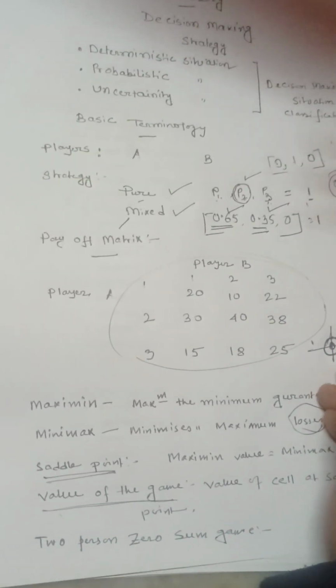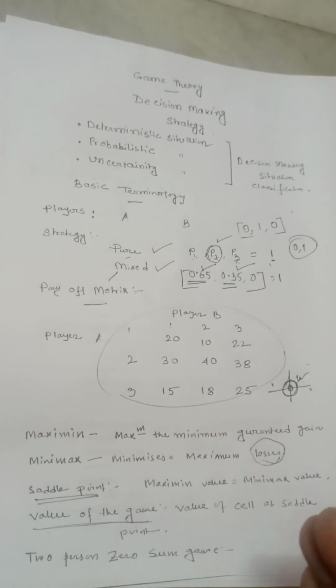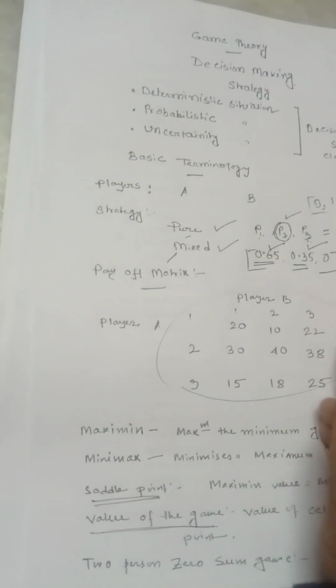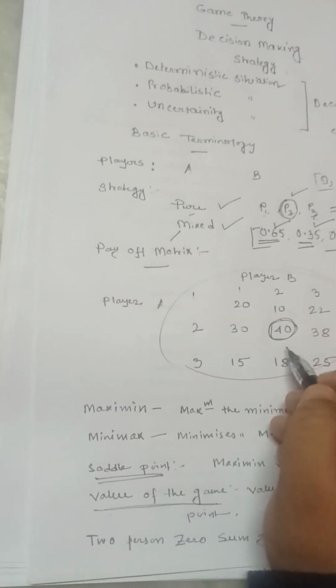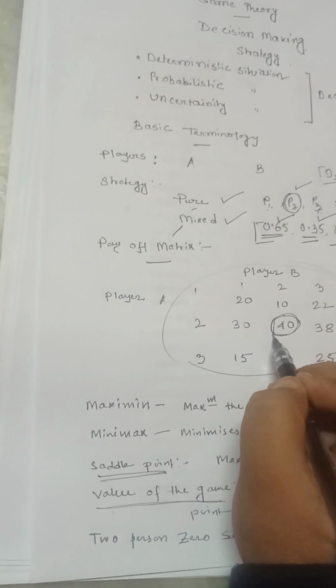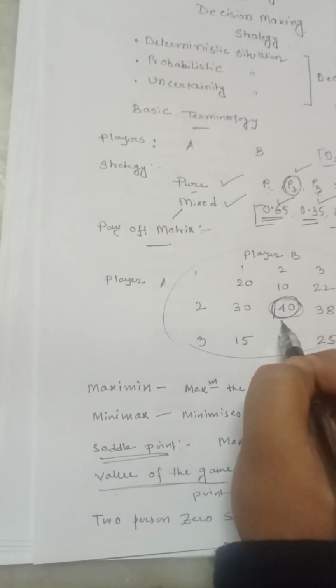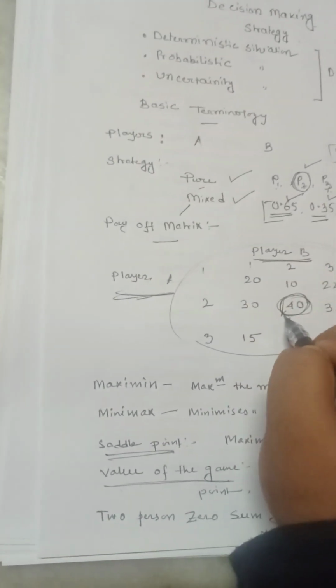That means this value. In a two person zero sum game, suppose player A and player B choose something. Suppose in this payoff matrix, if 40 is chosen by both of them, the value of the game will be 40. If this value is positive, that means player A will gain 40 and player B will lose 40.